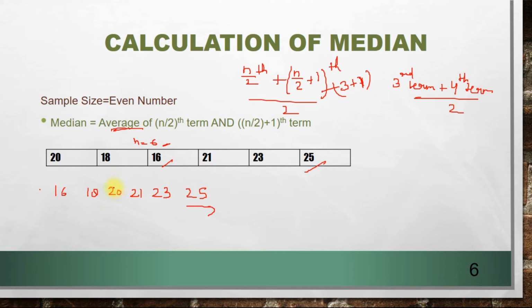The third term is 20 and the fourth term is 21. We take the average of 20 and 21, so this will be 20.5. So the median in this case is 20.5.